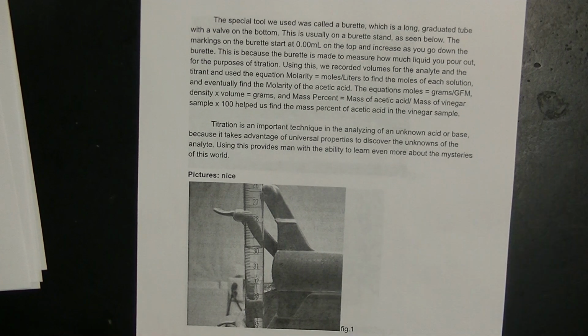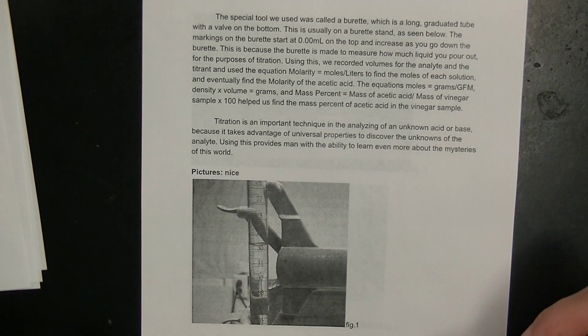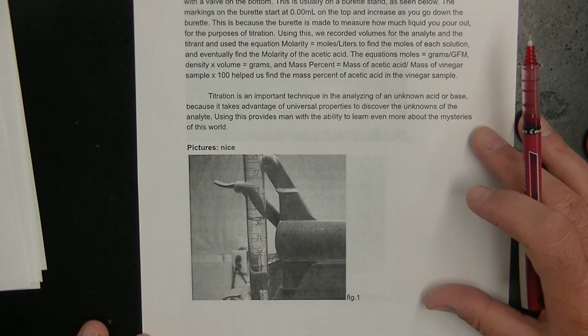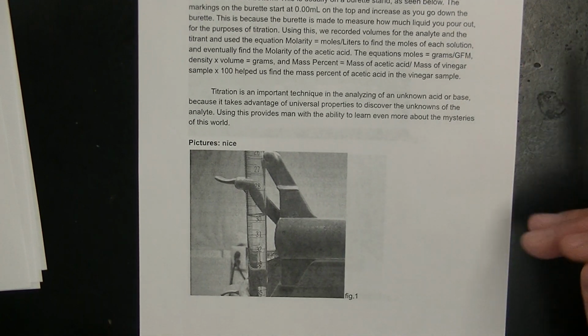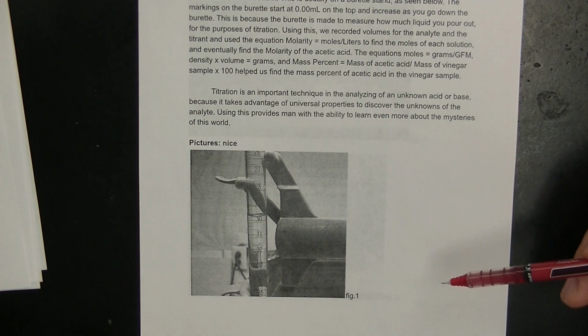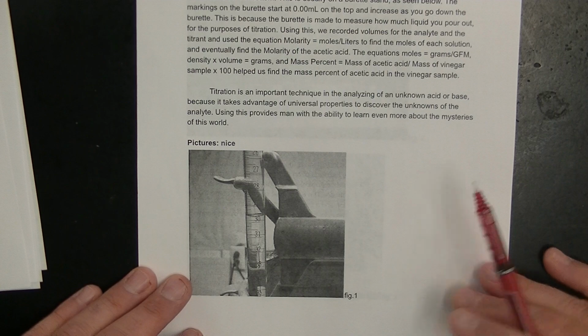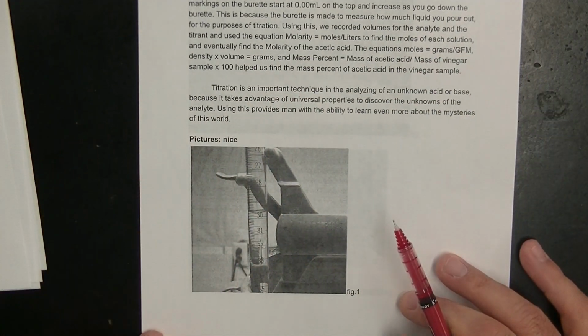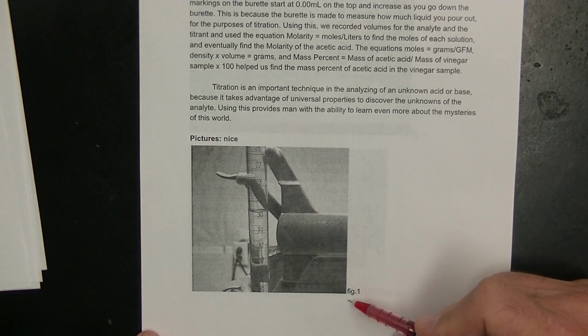At the very end, I'm encouraging you to take pictures during the lab. You can have your phone out, take pictures, and exactly document everything that you're doing, and the pictures are going to go at the end. They don't have to be this big. You can put lots of pictures on one page and then label them figure 1.